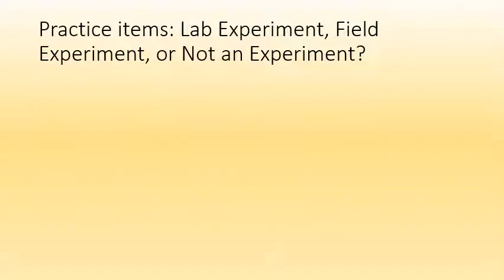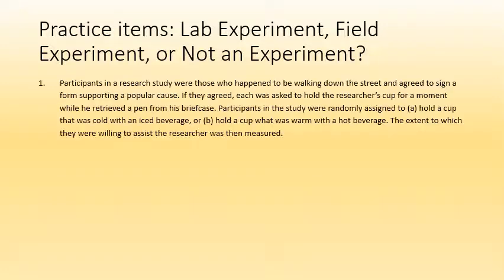So let's look at some practice items: lab experiment, field experiment, or not an experiment. So first example, participants in a research study were those who happened to be walking down the street and agreed to sign a form supporting a popular cause. If they agreed, each was asked to hold the researcher's cup for a moment while he retrieved a pen from his briefcase.